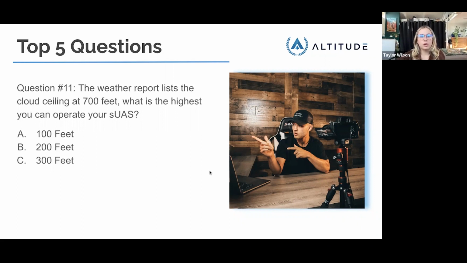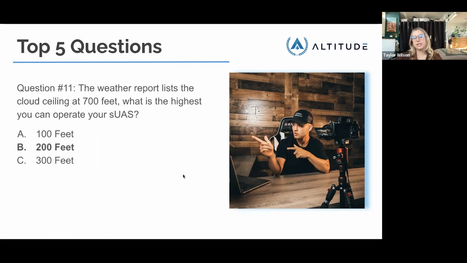The weather report lists the cloud ceiling at 700 feet. What is the highest you can operate your small UAS? Woohoo, looks like you've already taken our course on weather.